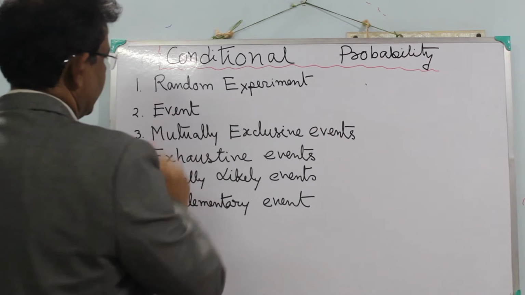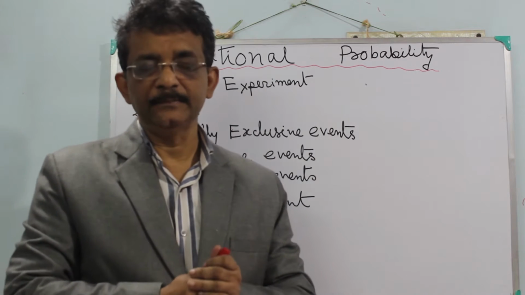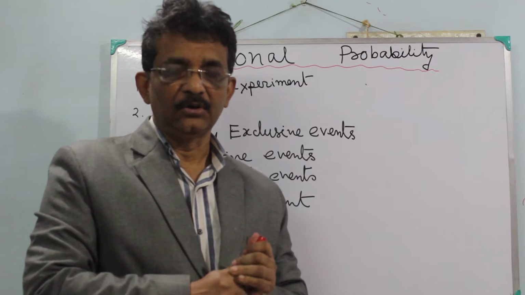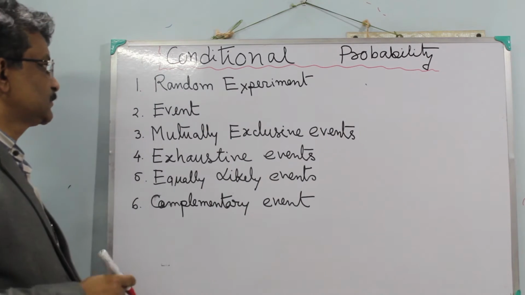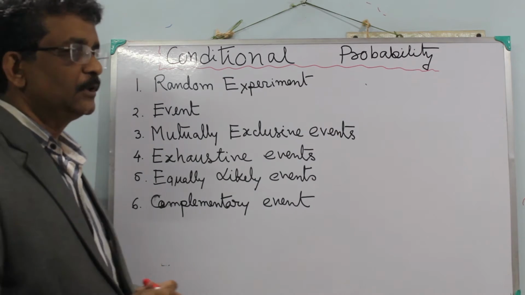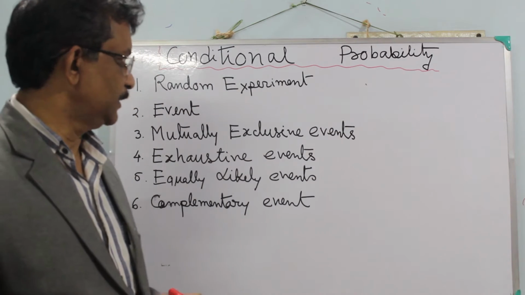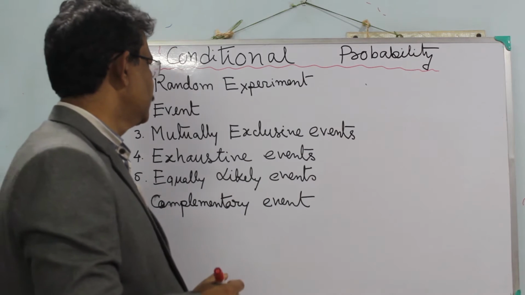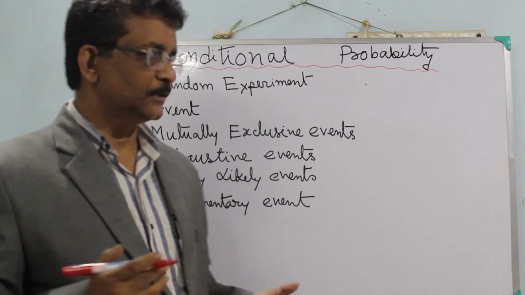What is an event? The outcome or result of a random experiment is called an event. Suppose I am throwing a dice. What are the results? 1, 2, 3, 4, 5, 6. So this is the total sample space.